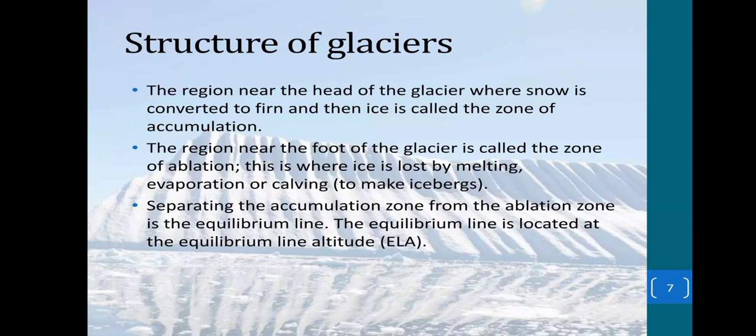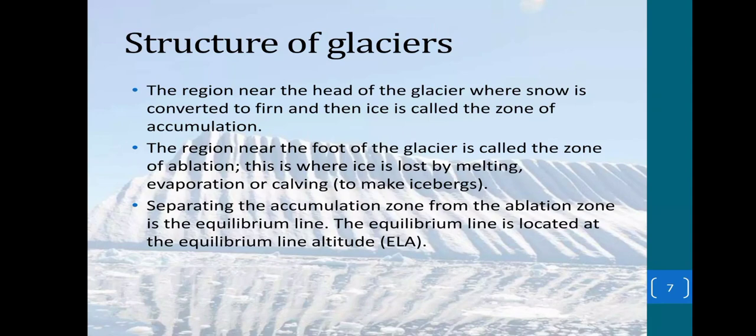The region near the head of the glacier where snow is converted to firn and then ice is called the zone of accumulation. The region near the foot of the glacier is called the zone of ablation. This is where the ice is lost by melting, evaporation, or calving to make icebergs.